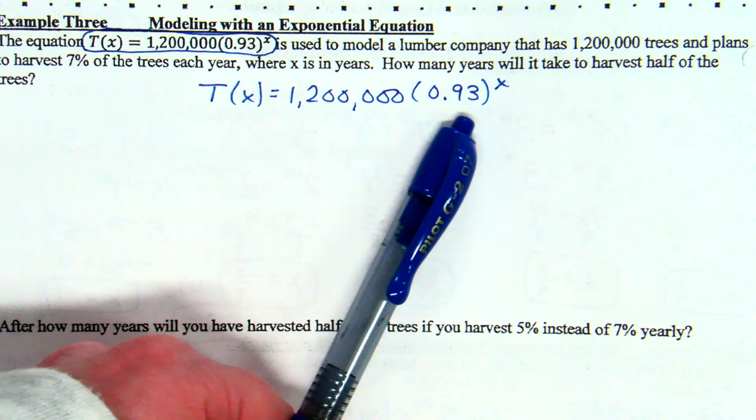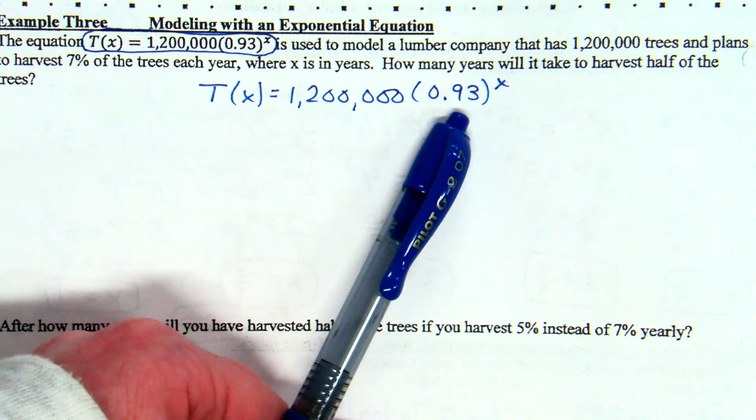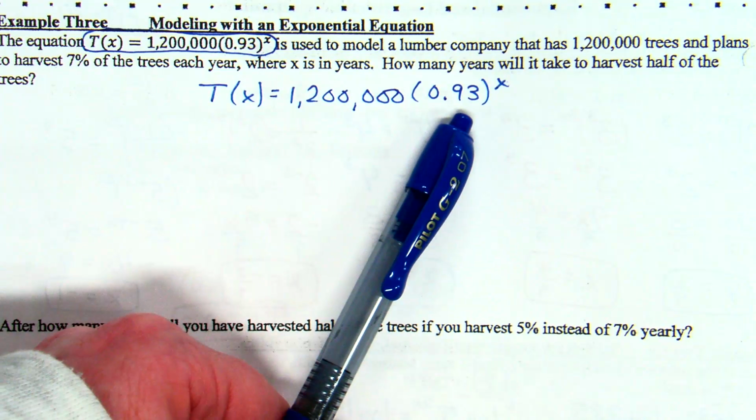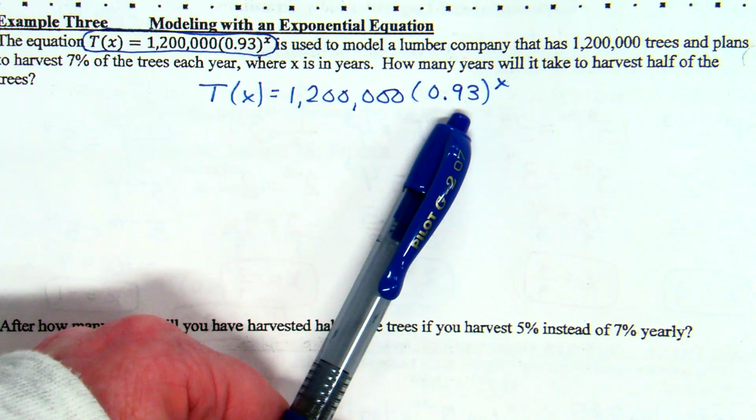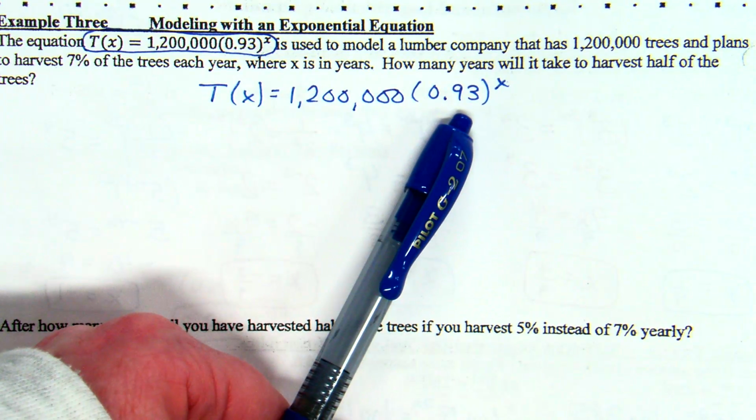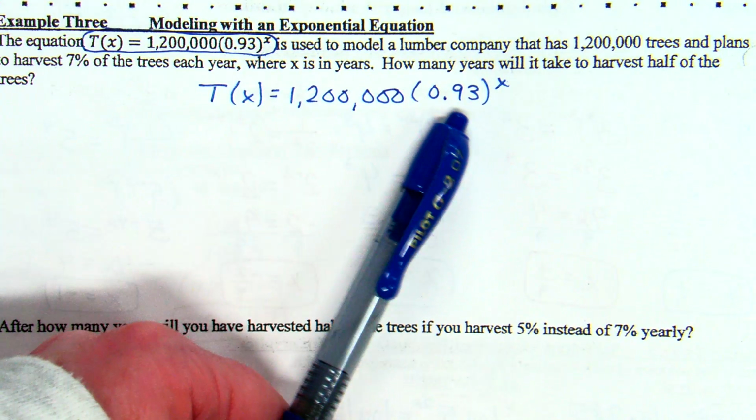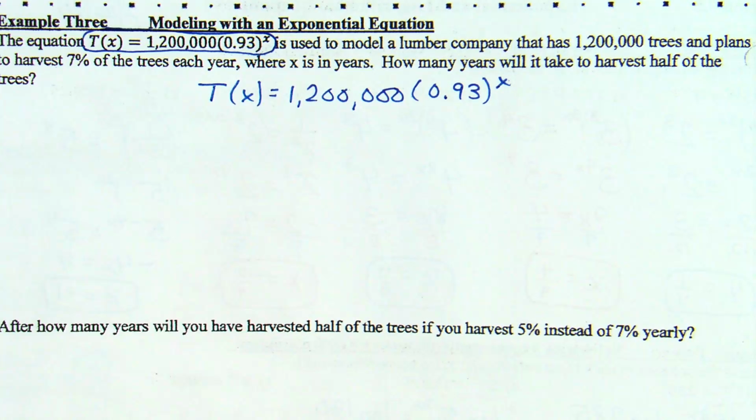That 7% is already in there. I don't know if you see it or not. But if you're harvesting, you're taking away 7% of the trees. So 100% minus 7% leaves you with 93% of the trees. So that first sentence, they've already gotten all of it. Question. How many years will it take to harvest half of the trees?